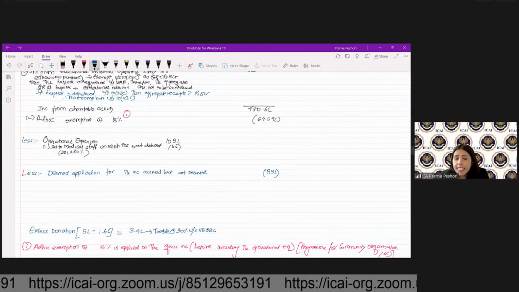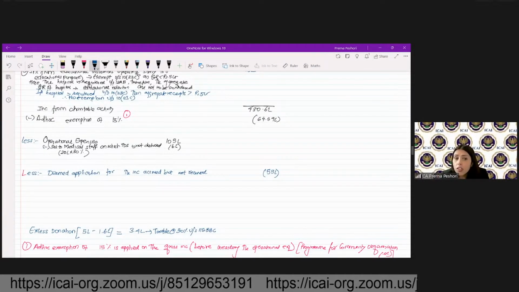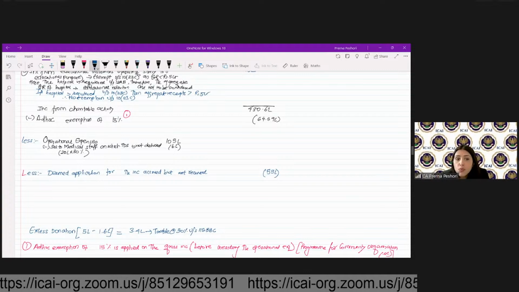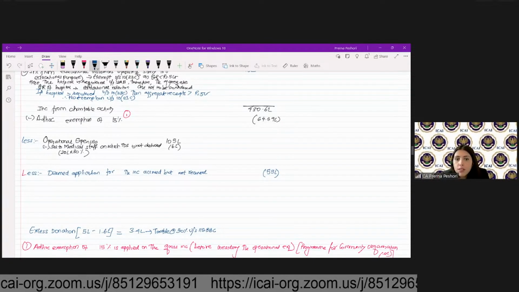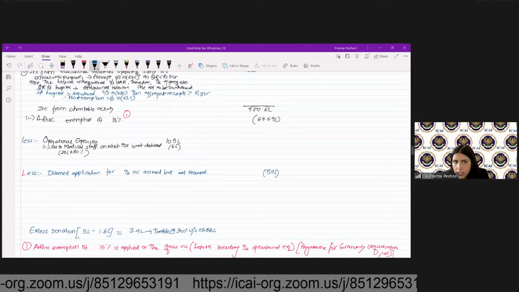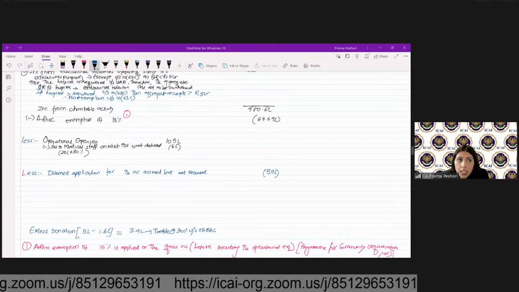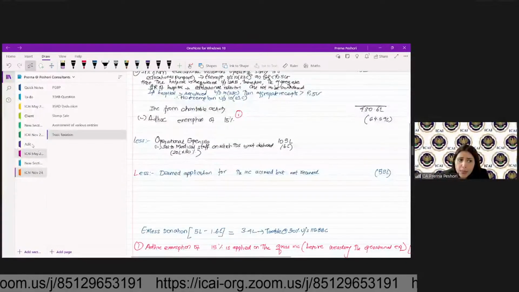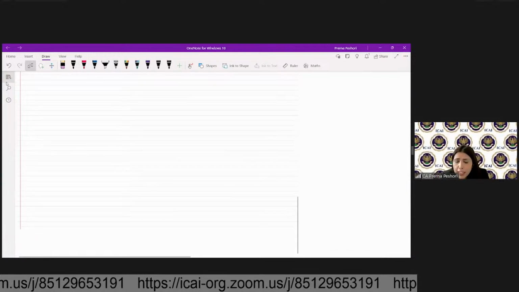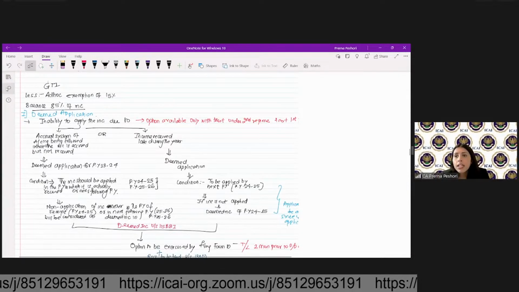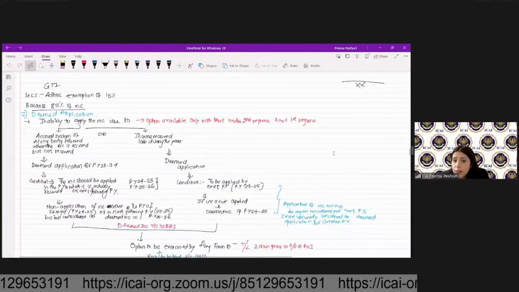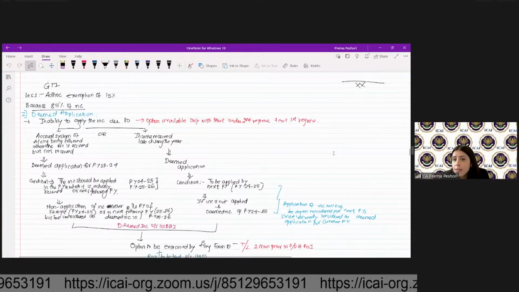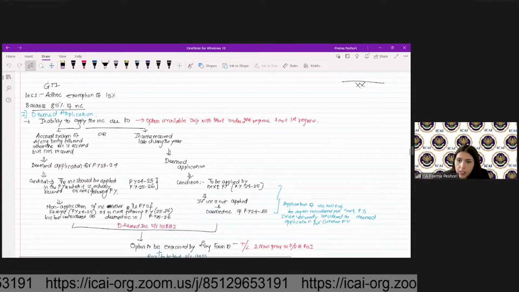Then 18 lakh was received only on 31st March 2023. So again, I said the same thing in that case as well. That would also be considered as the application of income, deemed application. The condition is it has to be applied in the next year. If it is not applied, this will be considered as my deemed income. Are we clear?